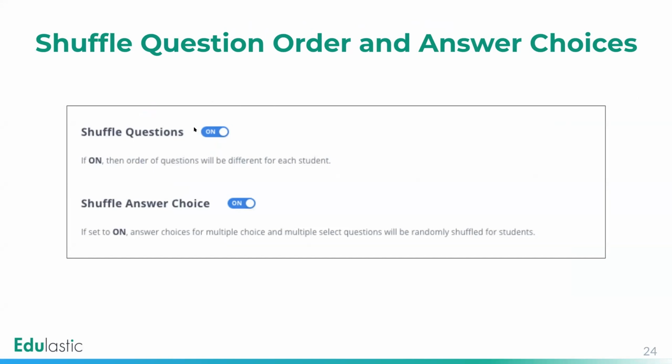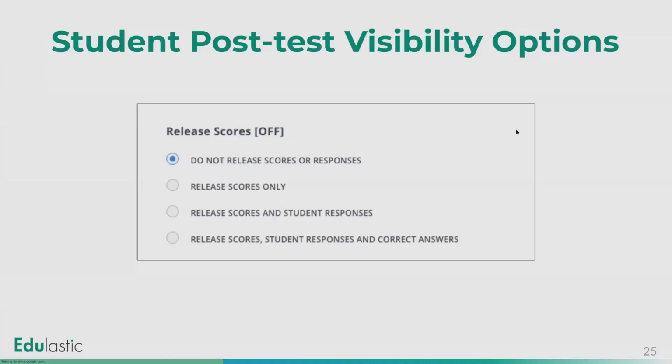So there's the ability to shuffle the distractors within a question and those answer choices, and the ability to shuffle the question order. When you shuffle the question order, it gives you a lot more security as far as preventing cheating.